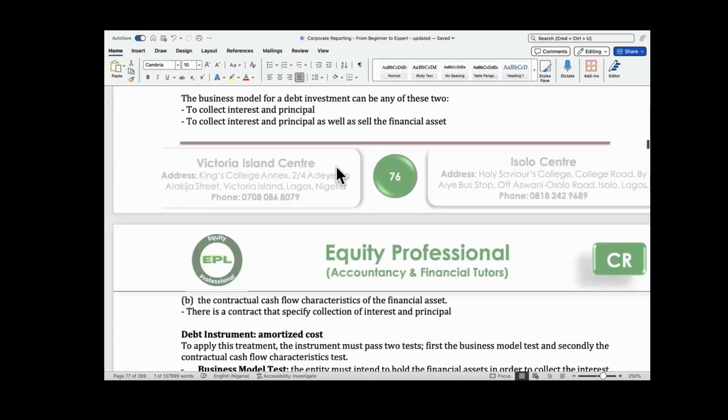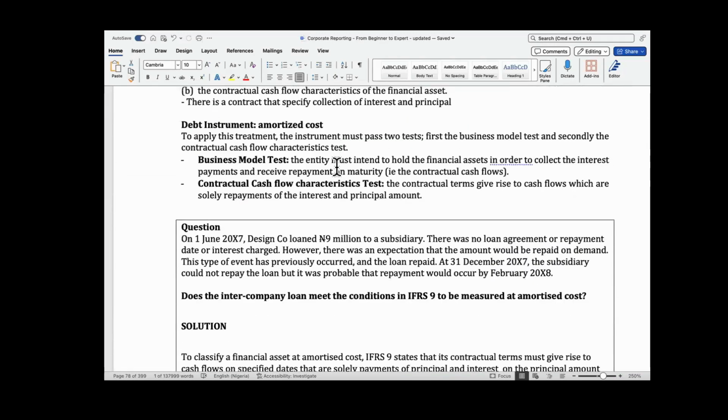Okay, now let's narrow down to each of those classifications. Let me start with, if you want to classify at amortized cost, okay, don't forget there are three classifications: amortized cost, fair value through PL, fair value through OCI.